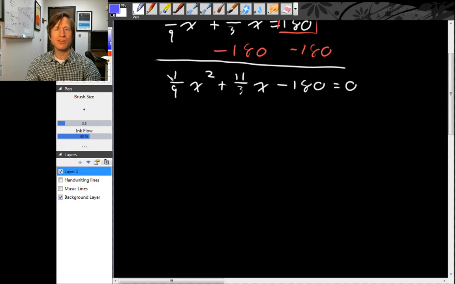So what we can do is multiply both sides of this equation by 9. And I'm multiplying by 9 to get rid of all of the denominators in the fractions. 9 is the least common denominator for these fractions.